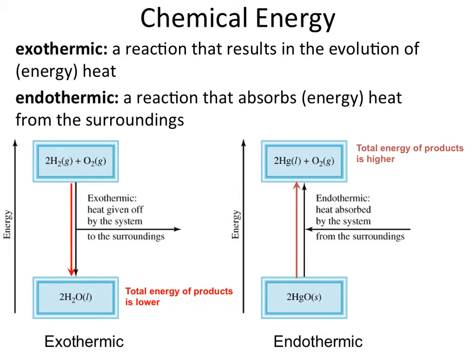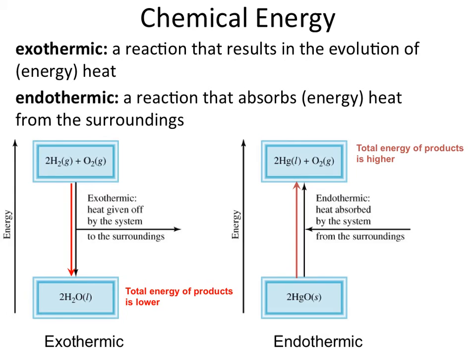And endothermic reactions are going to absorb heat from the surroundings because we're starting with lower energy reactants and wanting to get into higher energy product states. So this interplay is diagrammed nicely here with respect to chemical energy. It's the same concept as seen with the red and blue ball that we saw earlier.